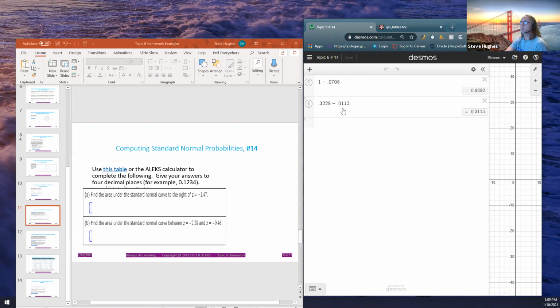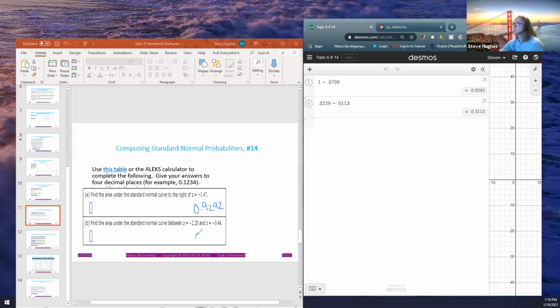0.3228 minus 0.0113. The answer is 0.3115. So once again, the area in between those two is 31.15%. That's what the answer is, okay? So once again, my answer here for this z-score is 0.9292.